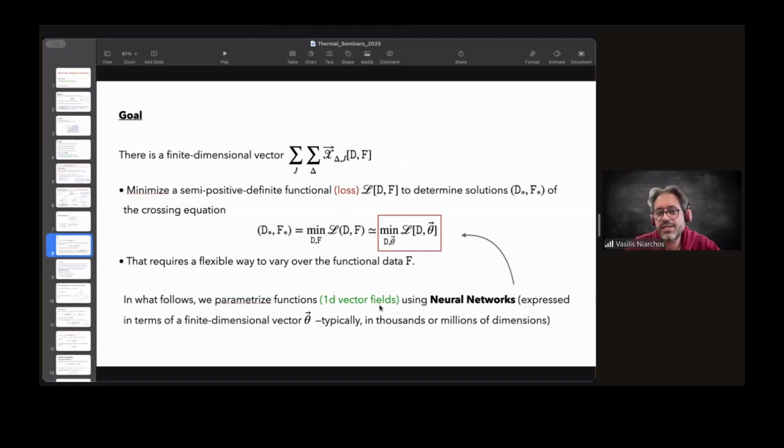There's a finite number of one-dimensional functions that depend only on R. I will model them in terms of neural networks, which are expressed in terms of a finite dimensional vector, I will call typically theta, as people do in machine learning. And the number of dimensions for this vector can range from thousands, like in the examples that I will show you, to, very easily, even on your laptop, millions of dimensions.